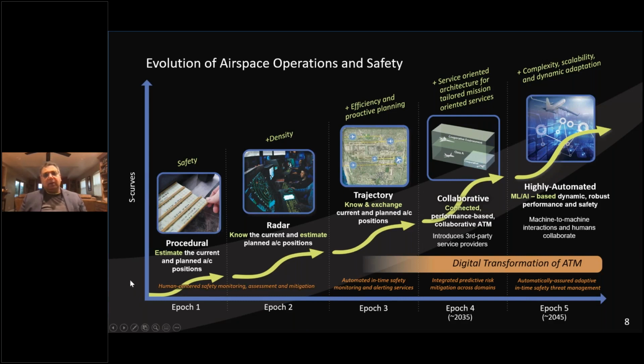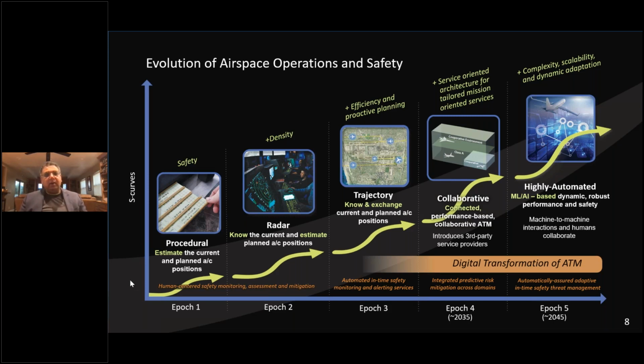So here is basically the evolution that we see of what's likely to happen. Epoch 1 was the early stages, as the birth of air traffic management started, air traffic control after the Grand Canyon accident, 1950s, late 50s. And the focus was on safety. It was all procedural, basically deconfliction, based on estimate of aircraft positions and the current planned position as well as current position.